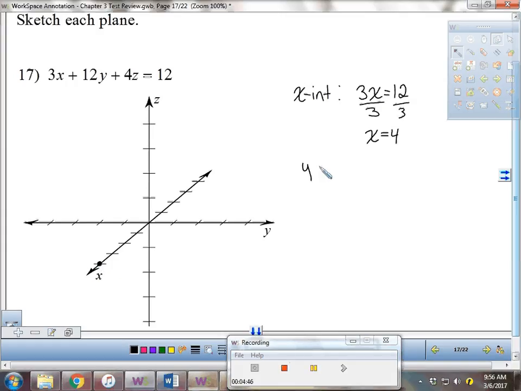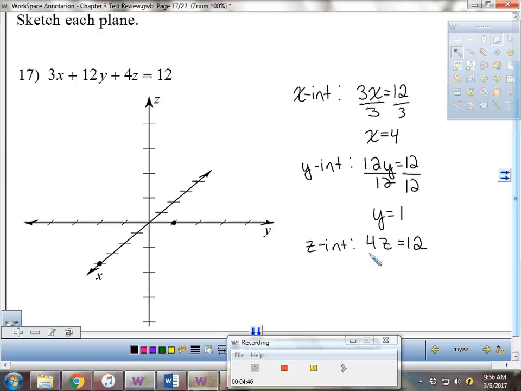Then you've got the y-intercept. So 12y equals 12. Divide by 12, and y is 1. So you have 1 right here. And for your z-intercept, you have 4z is equal to 12. Divide by 4, and z is 3.